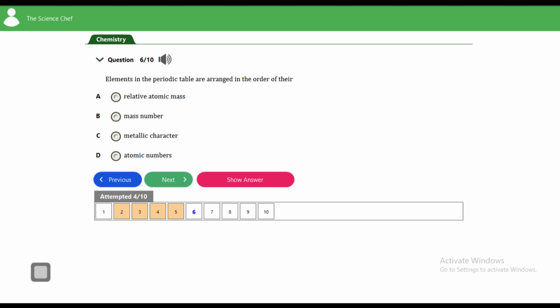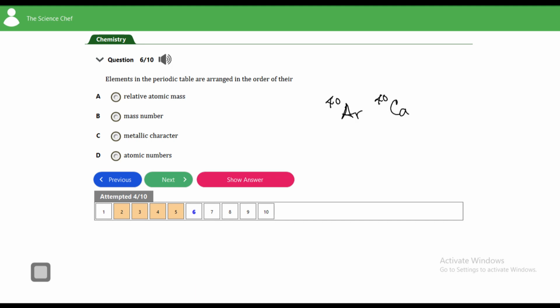Remember, that was the mistake Mendeleev made in his own table, because he arranged them in order of atomic masses or mass numbers. Why was he wrong? Because you can have elements that have the same atomic masses or the same mass numbers, right? Something like argon 40 and calcium 40.